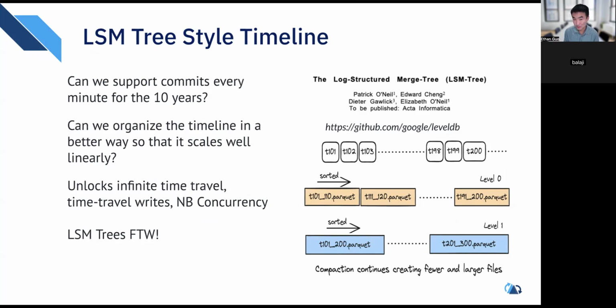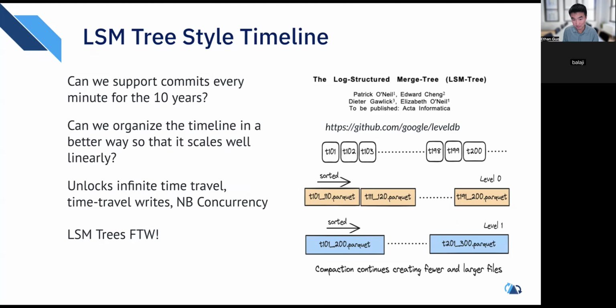LSM trees comprise multiple tree-like structures at different levels, each of which can be further optimized for the underlying storage medium. LSM trees provide fast index access to key-value pairs and are suitable for high-throughput workloads. So in 1.0, we have reshaped our timeline to be organized into an LSM tree.